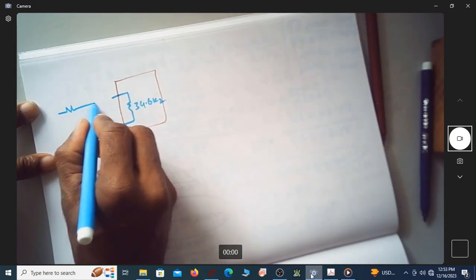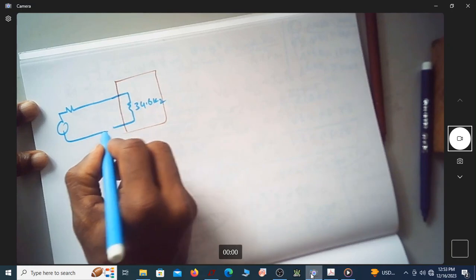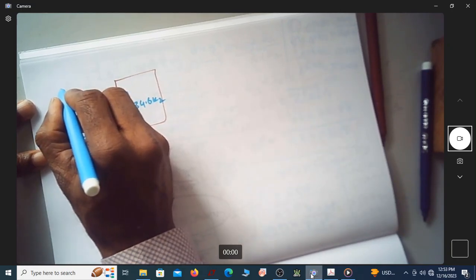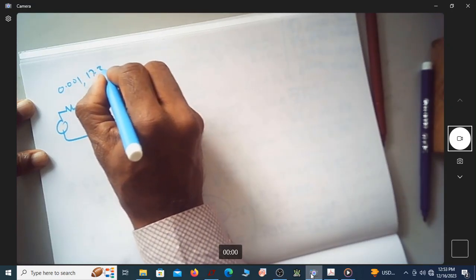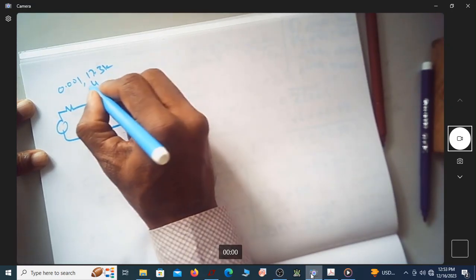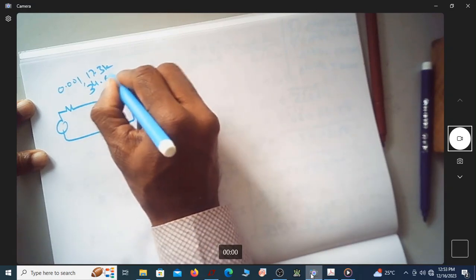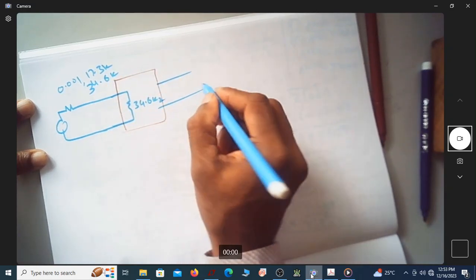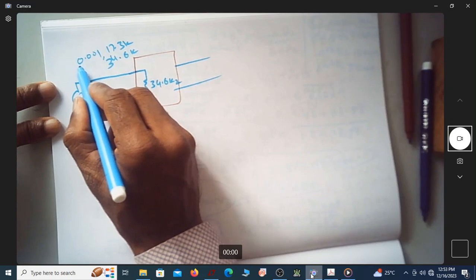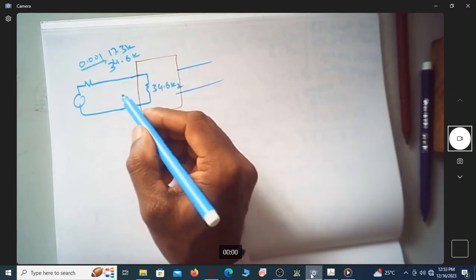We are having a resistor here. This resistor value is starting with 0.001 ohm, and it will be 17.3 kilo ohm, then 34.6 kilo ohm, and of course we are measuring the output here.